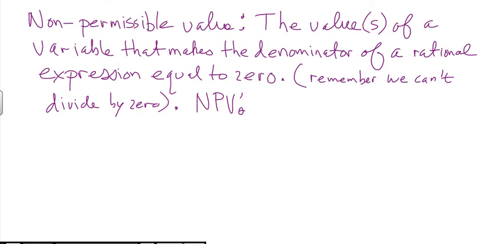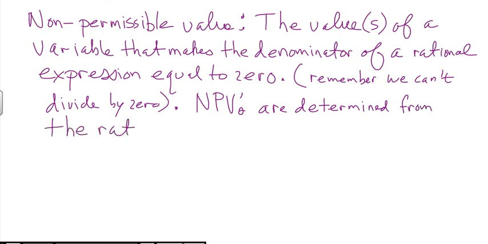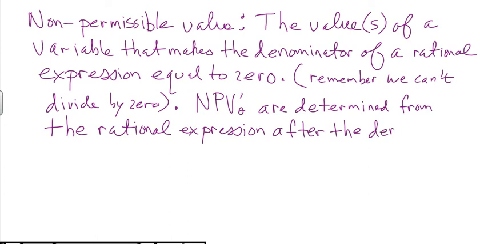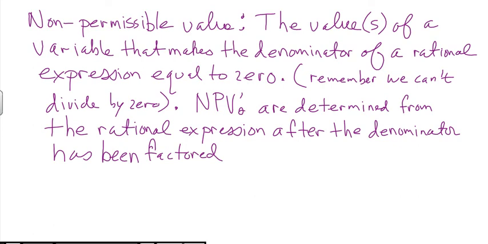They are determined from the rational expression after the denominator has been factored but before it has been simplified.